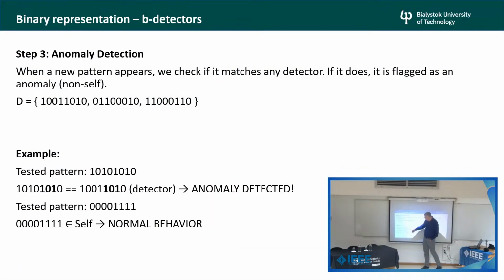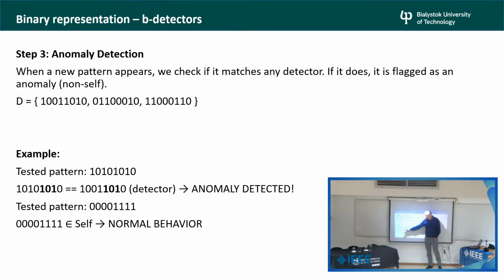Like you can see, in this position we have 3 continuous identical bits, 1, 0, 1, even 4 bits the same, but 3 bits in our case is enough. So the detector will detect the pattern, and we have an anomaly.